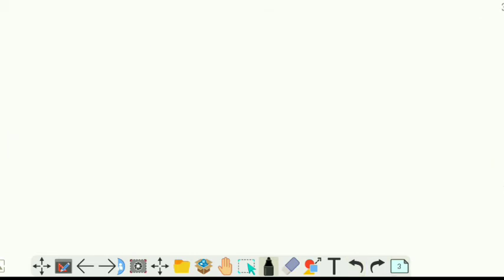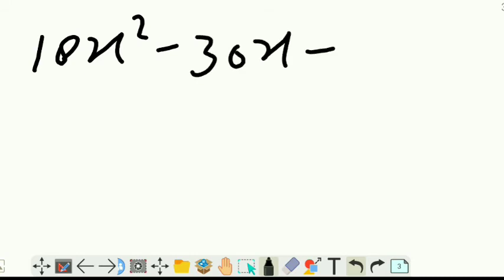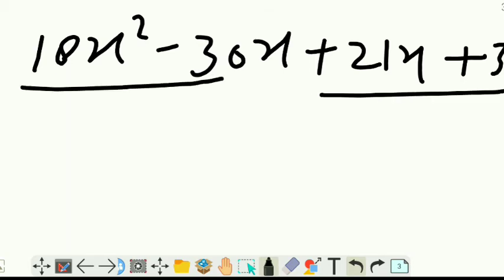18x square minus 30x plus 21x plus 35. Now we will take the common factor in 2 steps.